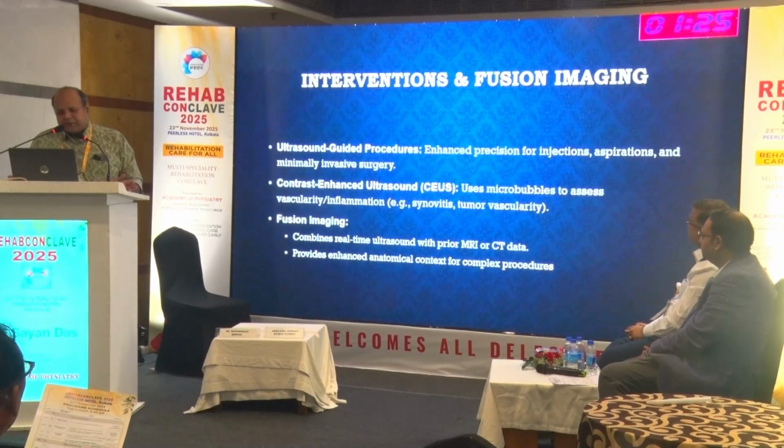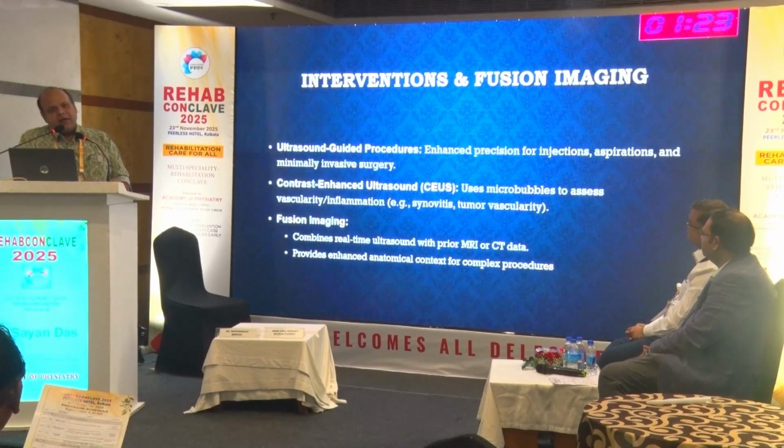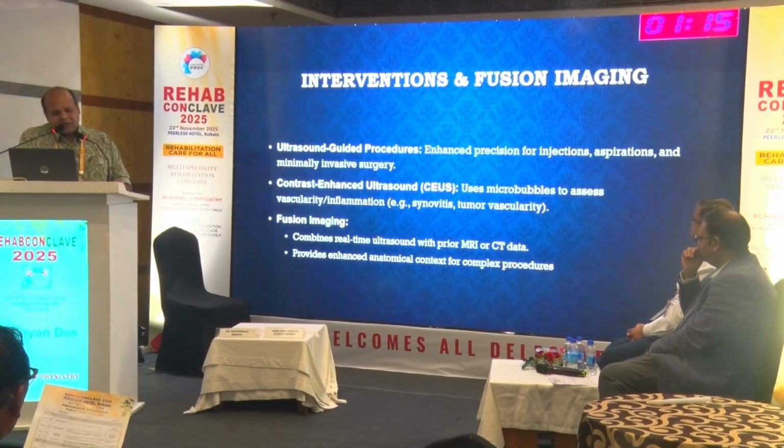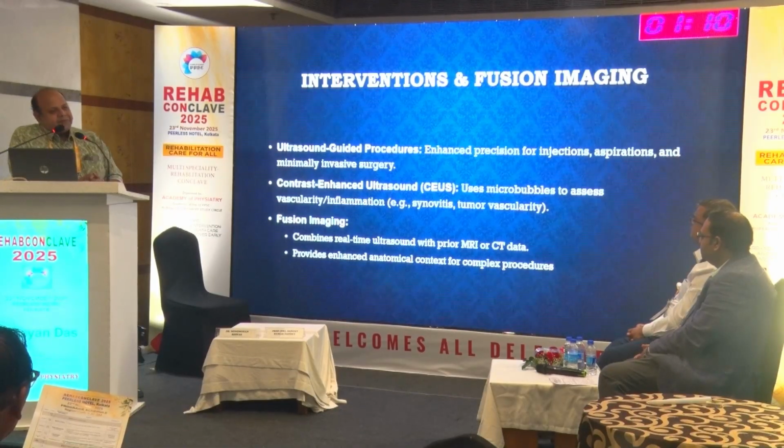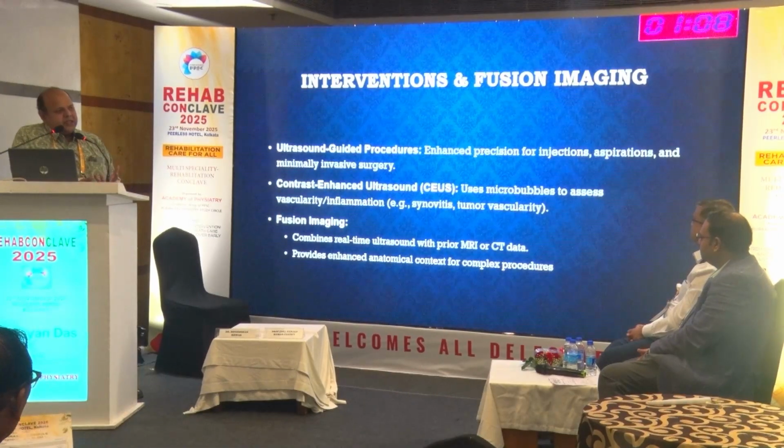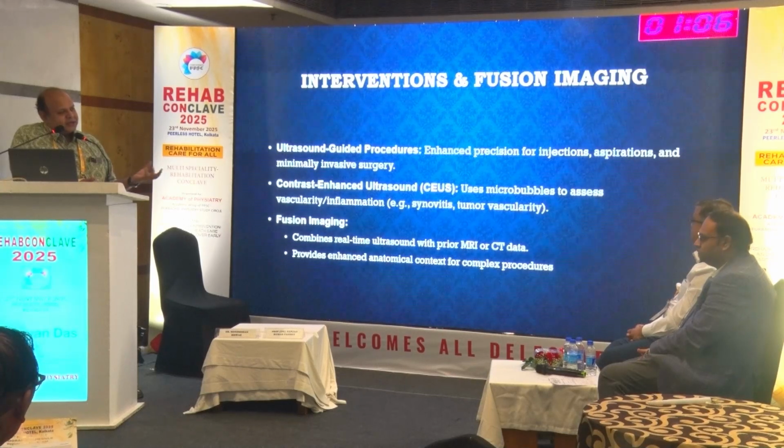A few words on intervention: there is the regular ultrasound intervention, and you can also use contrast enhanced ultrasound thereafter. The newer modality is the fusion images. You can load your CT or MRI data on your ultrasound.